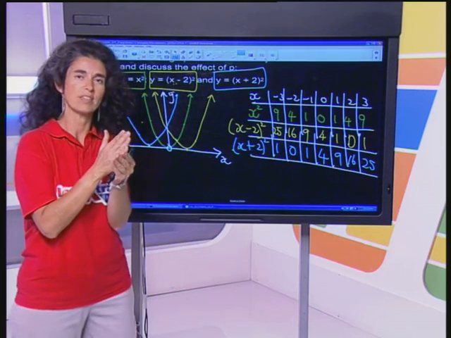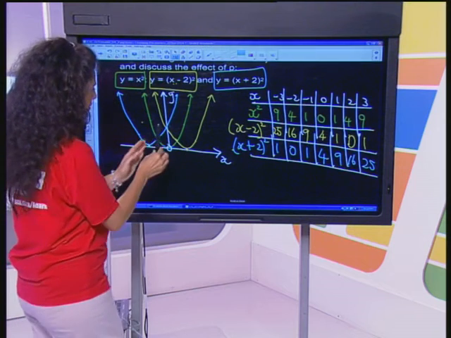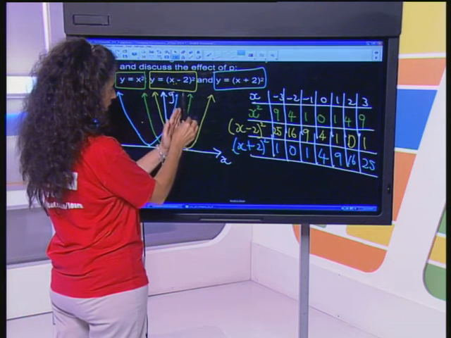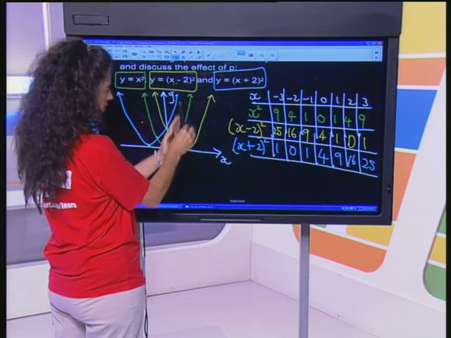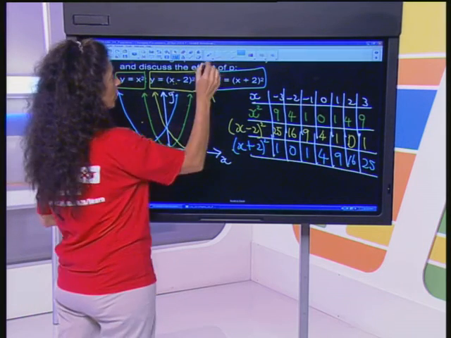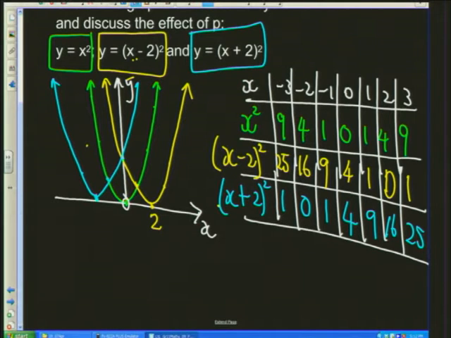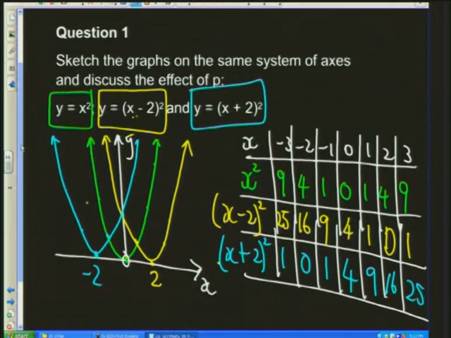So the position of the 0 has translated. And in other words, this y-axis is now here. That's really what we're saying. The 0 is now at this value, and the 0 is at that value. So in this yellow graph, we have the 0 at 2, and on this blue graph, we have the 0 at -2.